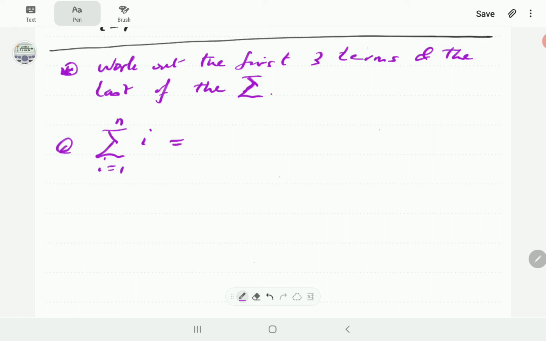So when i is equal to 1, it's going to be 1, and then the second term is when i is equal to 2, and then the third term is when i is equal to 3, and then the last term is when i is equal to n. So according to the proposition, this is equal to 1/2 of n times (n plus 1).